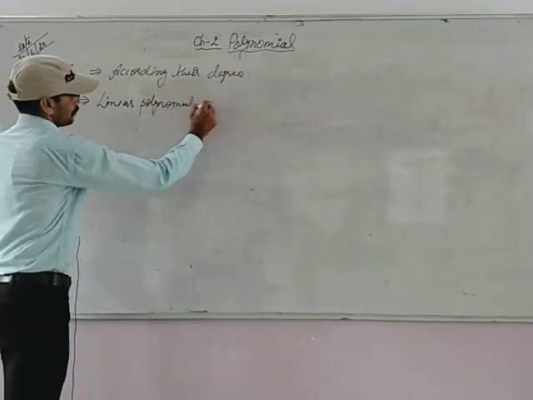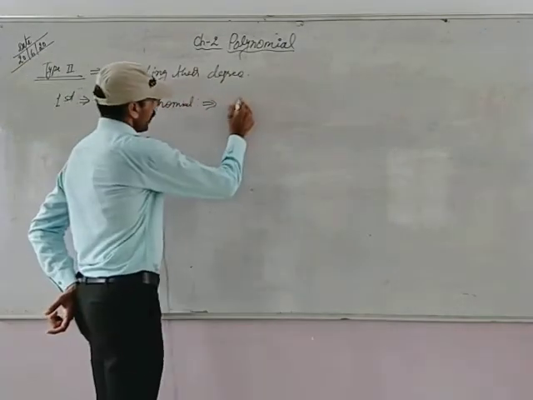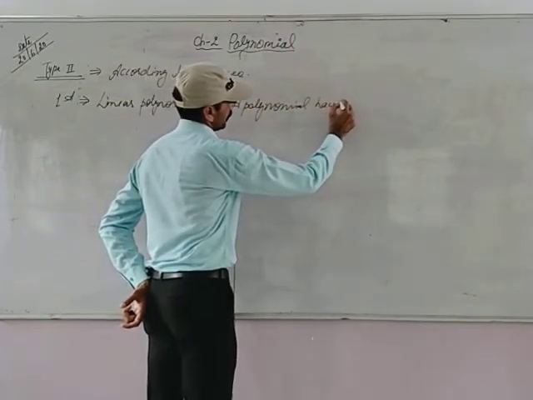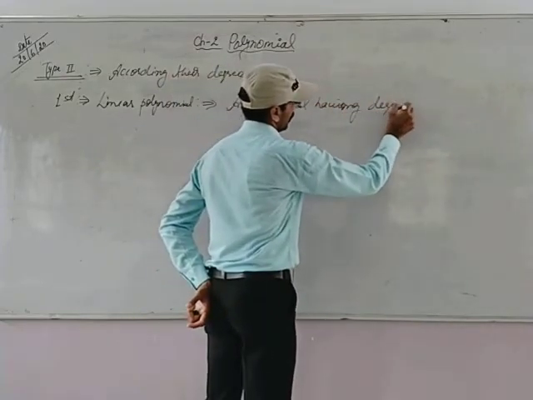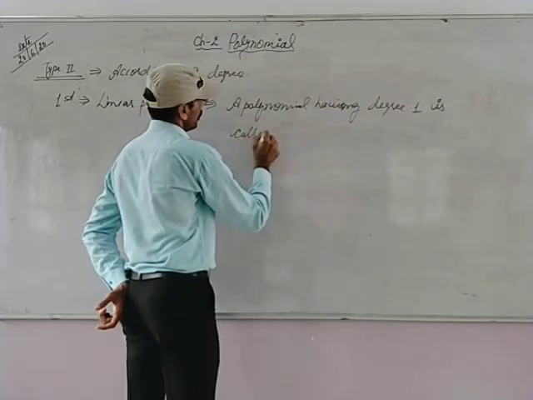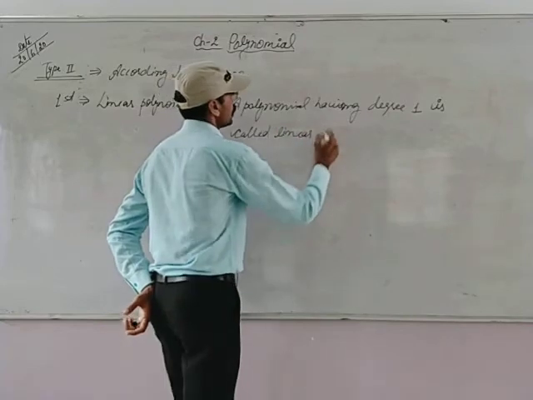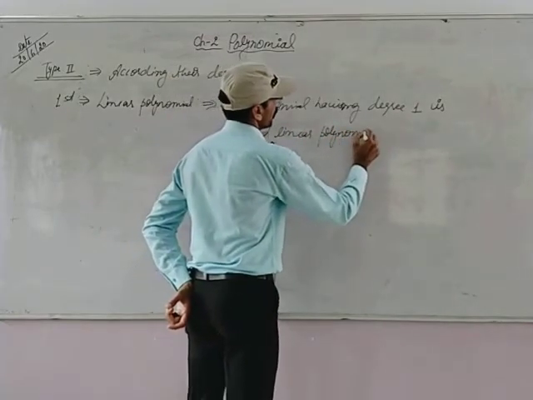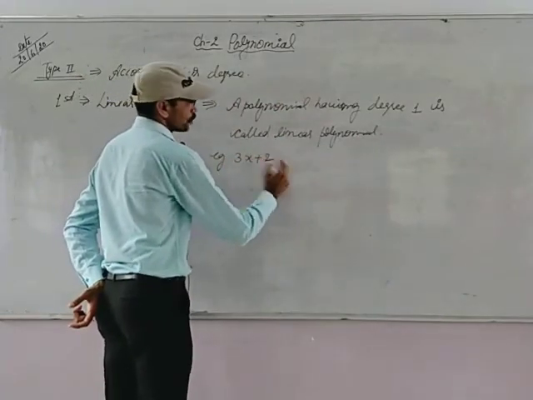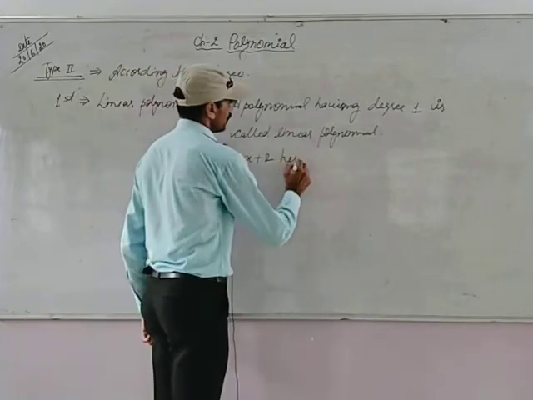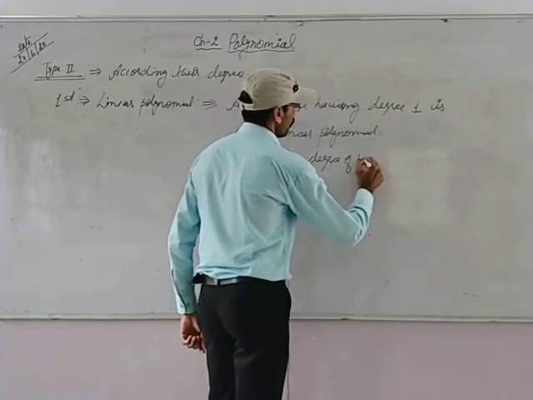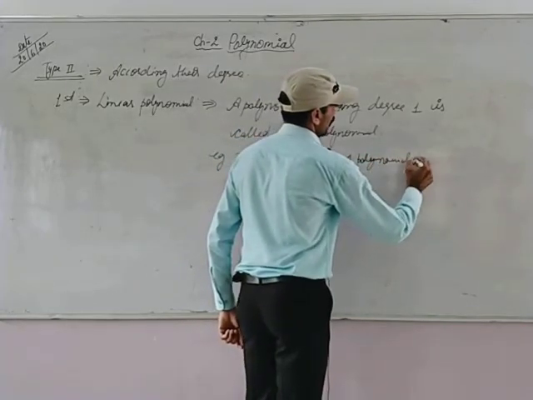A polynomial having degree 1 is called a linear polynomial. Example, 3x plus 2. Here degree of polynomial is 1.